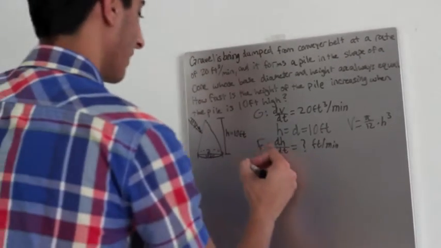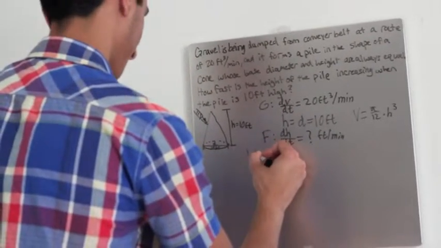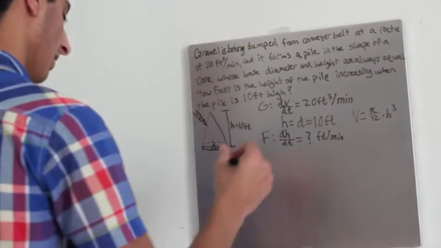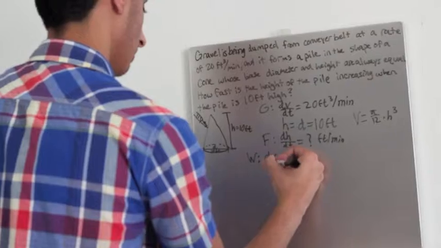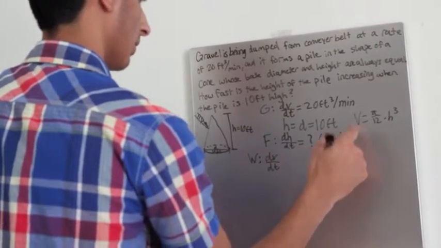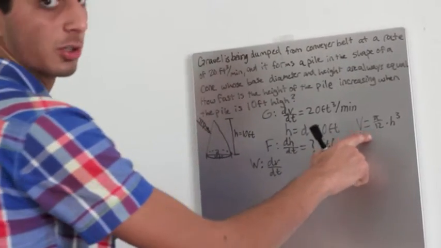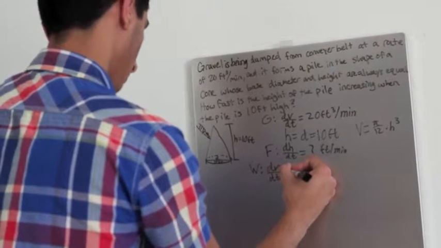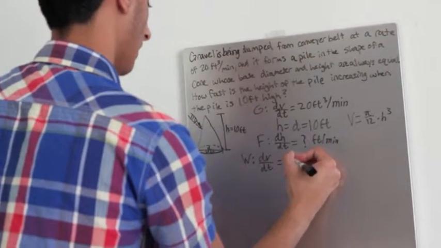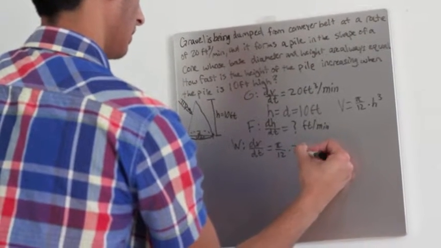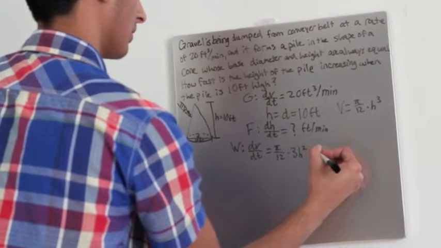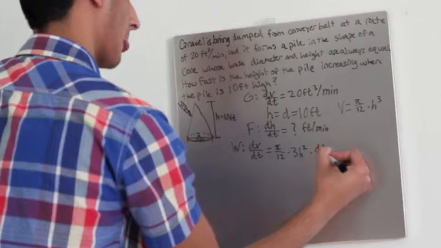Okay, so for our work, we're going to have dv dt, which is going to be the derivative of volume, which will equal pi over 12 times 3h squared times dh dt.